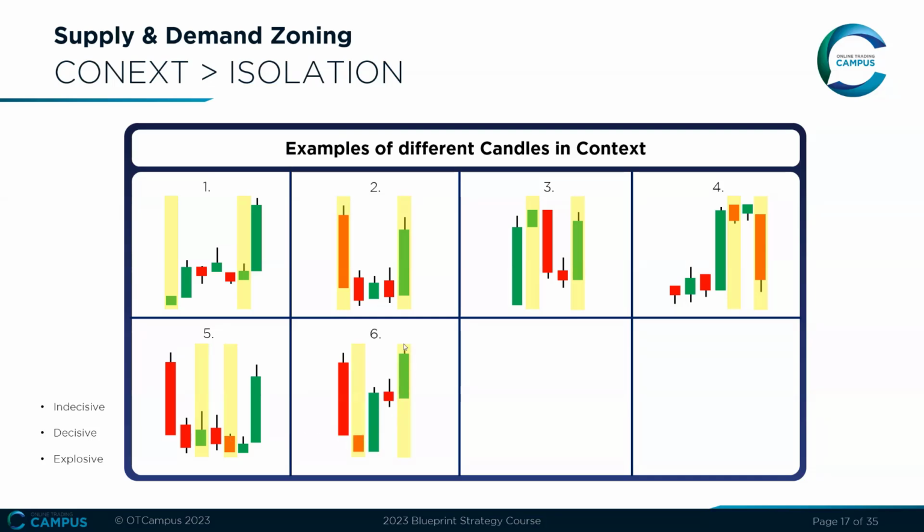In this case, we have one decisive candle. This again would be an indecisive candle. Here again, very clearly an indecisive candle, not decisive or even explosive. And lastly, we have one candle that's explosive, and we have one candle that is indecisive, right?